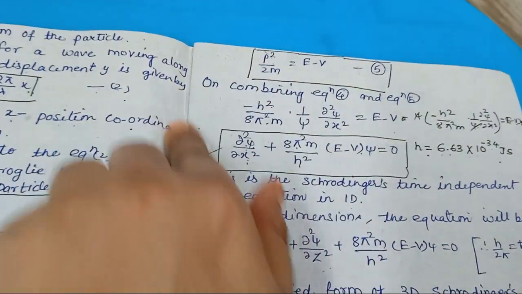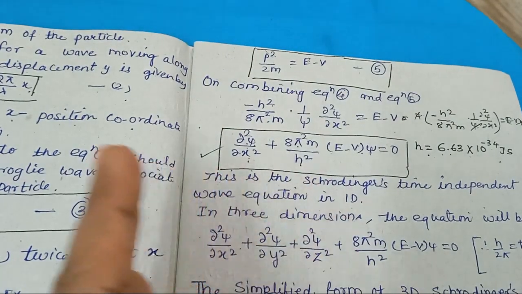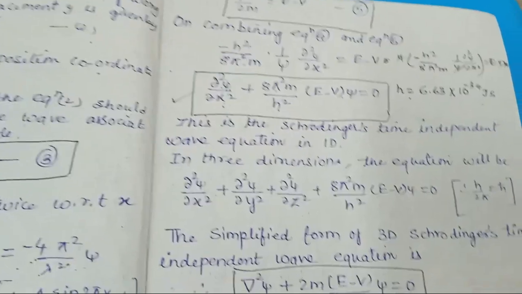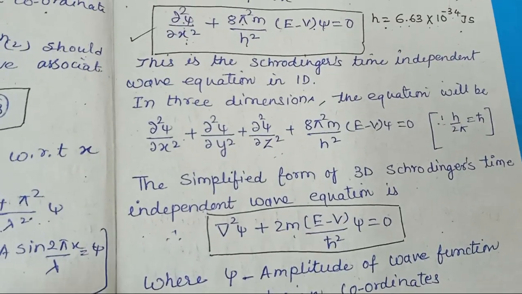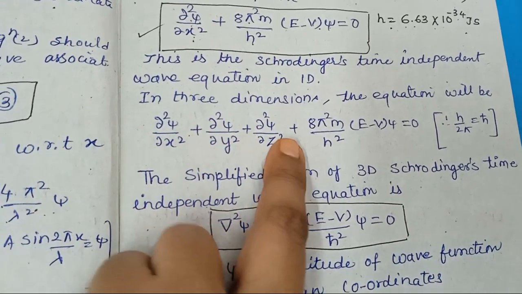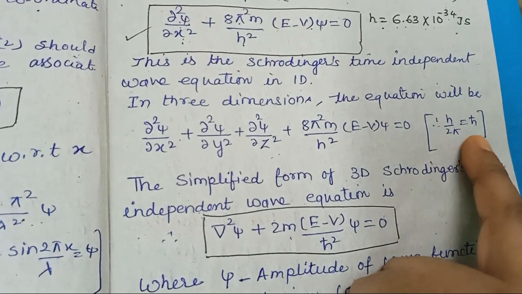Here we don't have any time term. This is the reason why we call this equation the time independent Schrodinger equation. This is one dimension; in three dimensions we write the x coordinate, y coordinate, z coordinate, and h upon 2 pi is h cross.